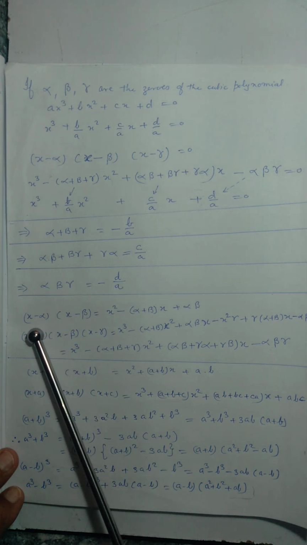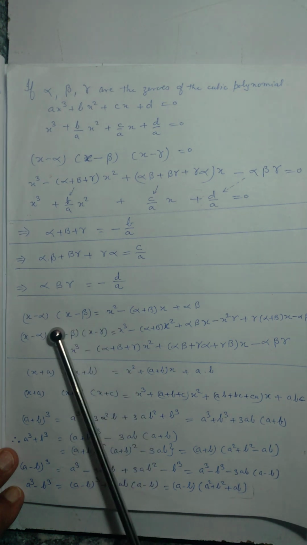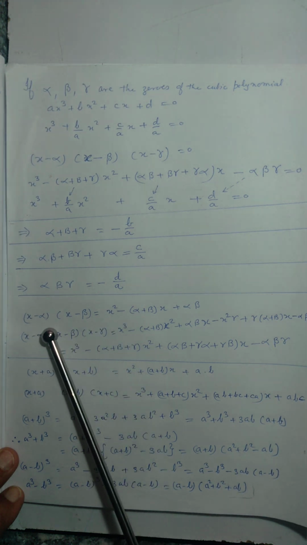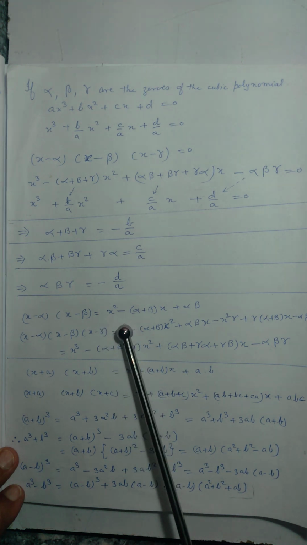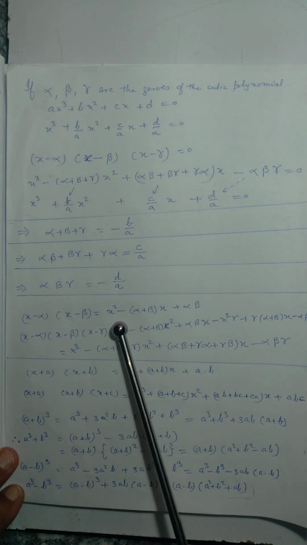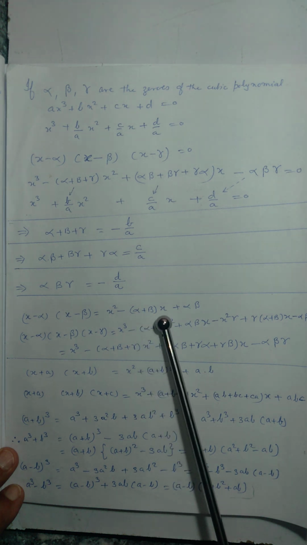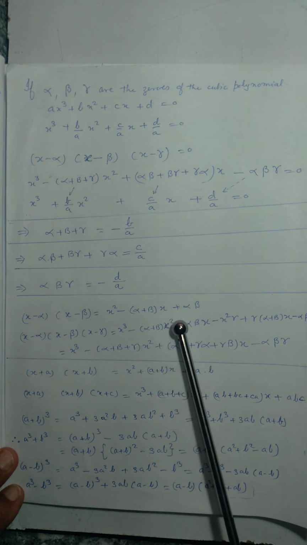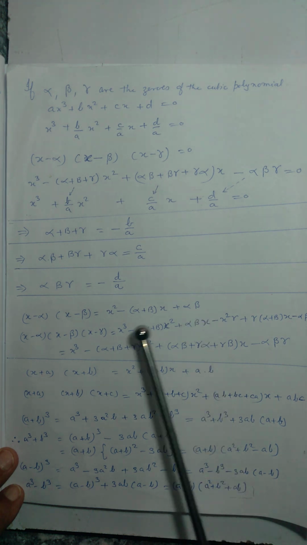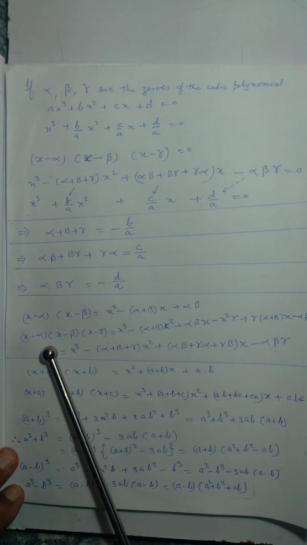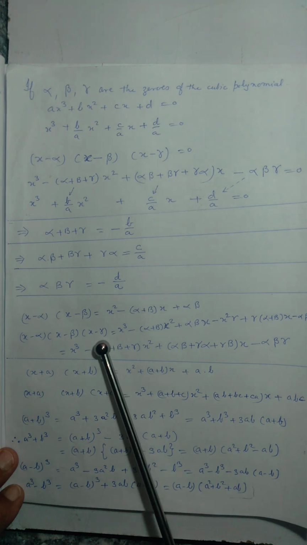Here you see x minus alpha, x minus beta, which you know earlier in a quadratic polynomial, that is x square minus (alpha plus beta) into x plus alpha into beta. But here it is x minus alpha, x minus beta, x minus gamma.